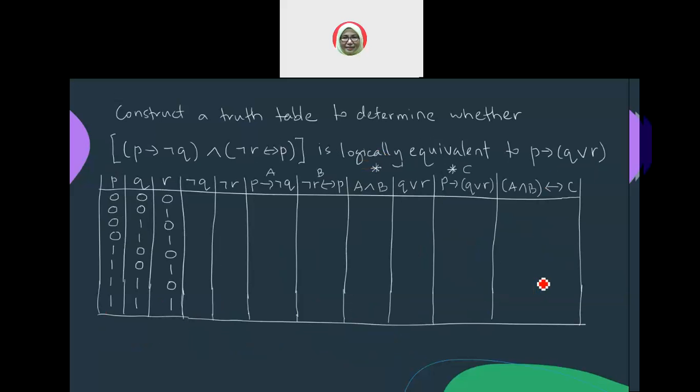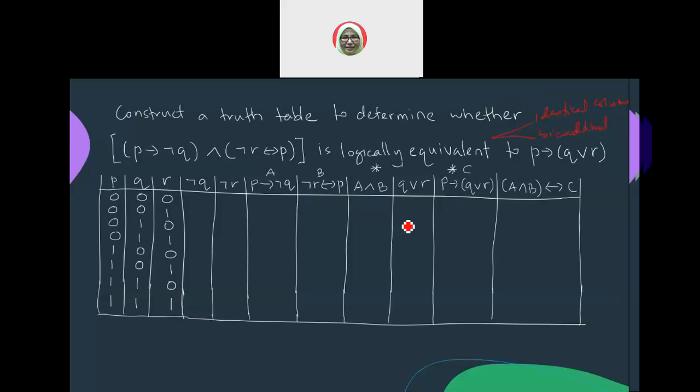So next one, construct a truth table to determine whether this statement is logically equivalent. For logical equivalence, we have two things, you choose either one: whether you want to choose identical columns, or by using biconditional.